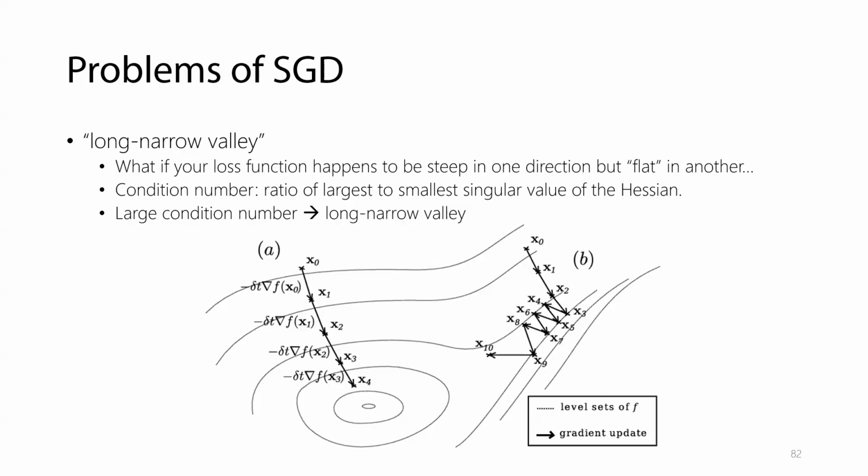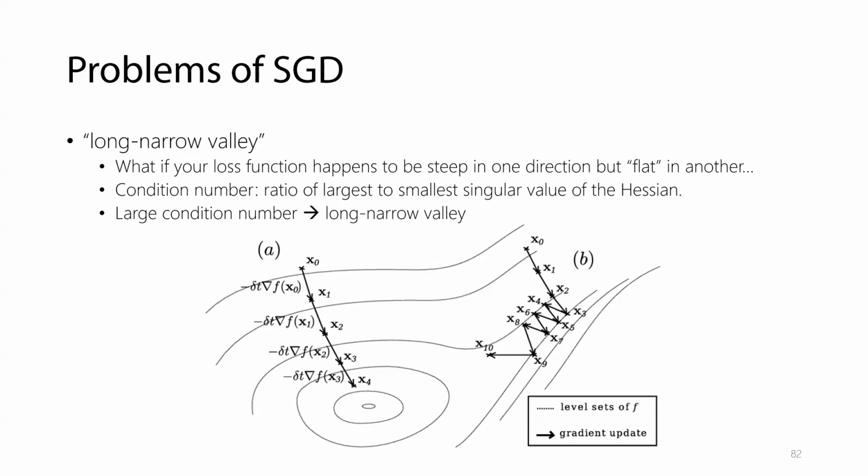Now, obviously, the vanilla flavored algorithm has an issue. One of the really popular issues here is called the long narrow valley. If you're a mechanical engineer who took numerical analysis or optimization, you probably know what this is all about.